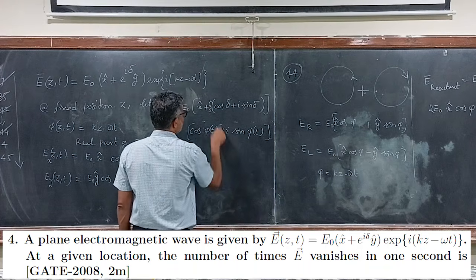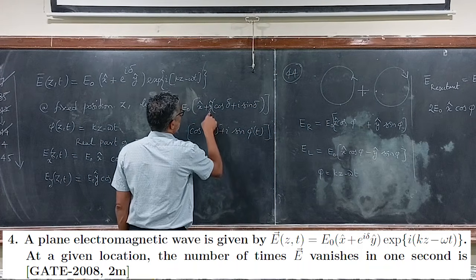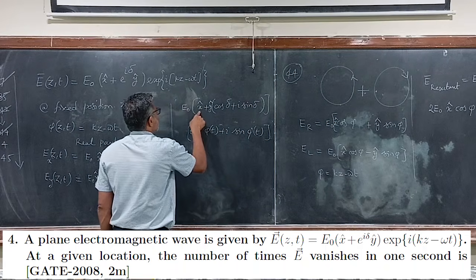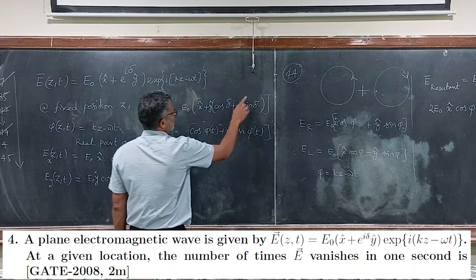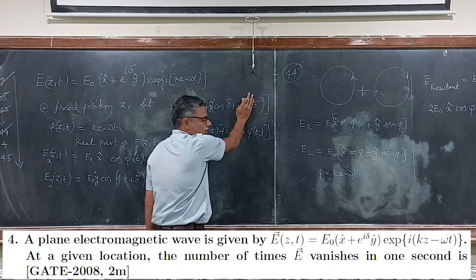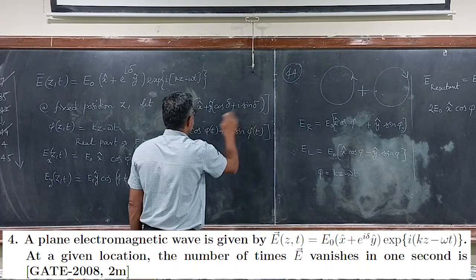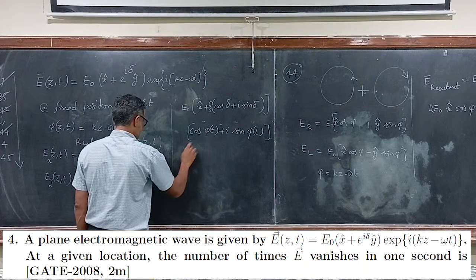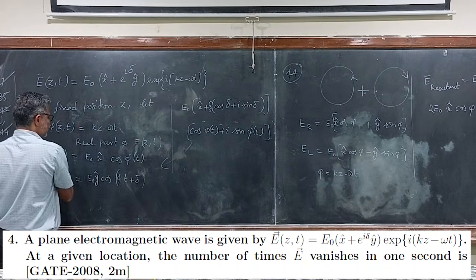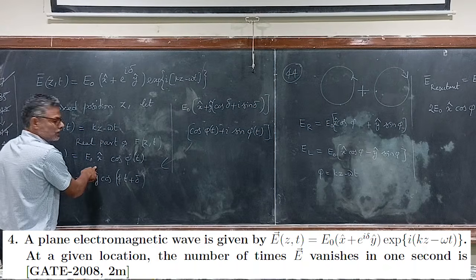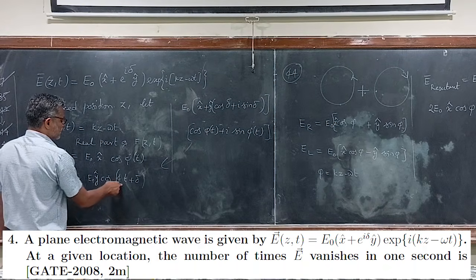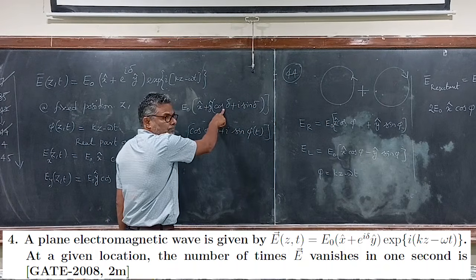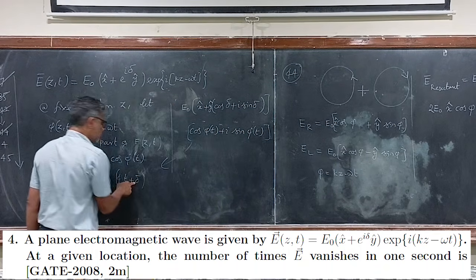So now if you multiply this, you get x cap times this, y cap times this with this, isn't it? So if I write only the real part, without imaginary, this we can forget, and this also we can forget. Now what will happen? You have cos phi of t x cap, the real part from here. So Ex is only the cos component, and the y component only cos of phi of t plus delta will be there. Okay? So that delta is here.